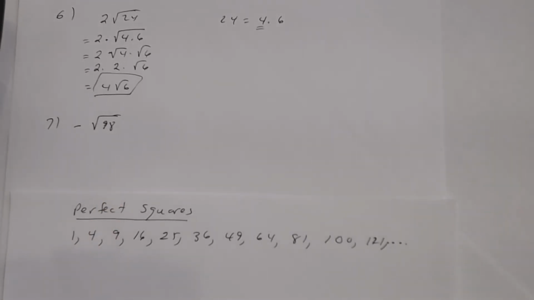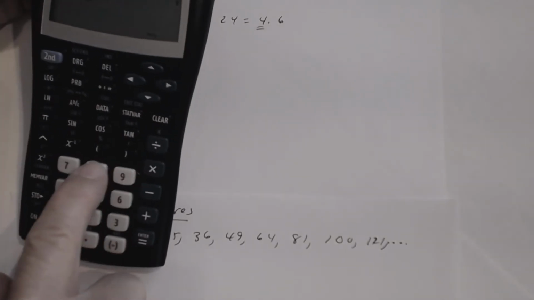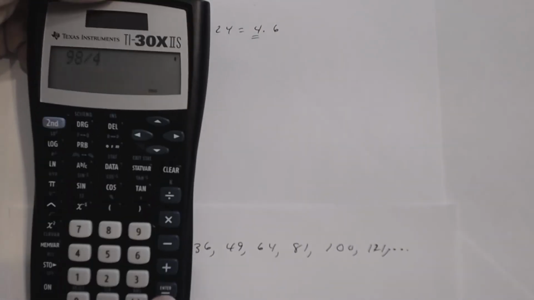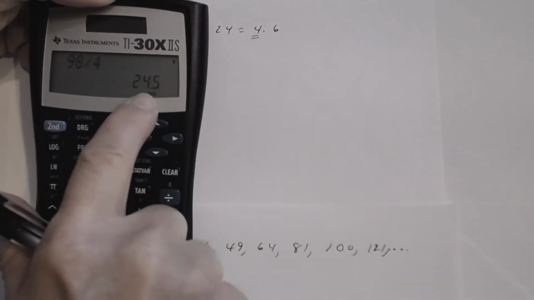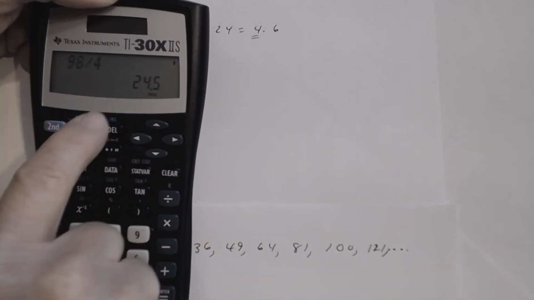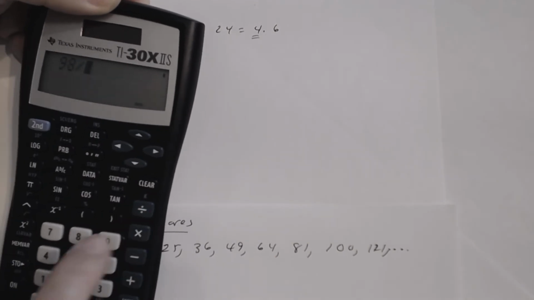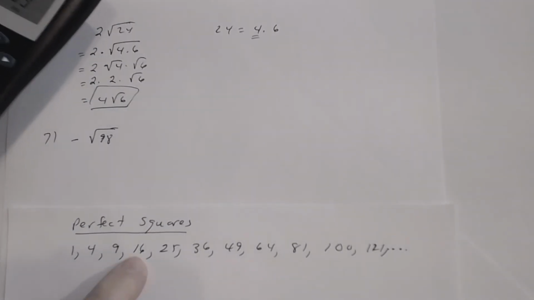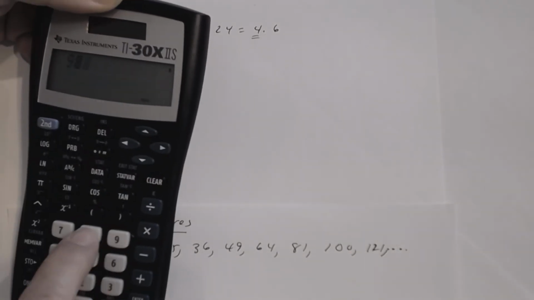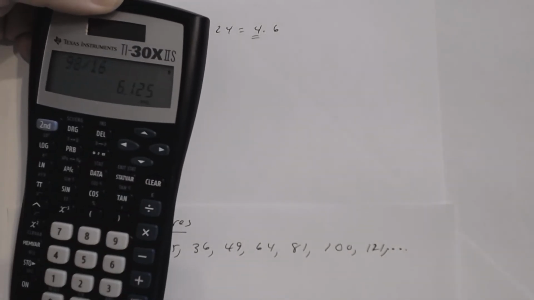Let's try 4. 98 divided by 4. Notice 4 does not go into 98 evenly, so I move on. Let's try 9. 98 divided by 9. Not evenly either, right? So let's go to 16. 98 divided by 16.